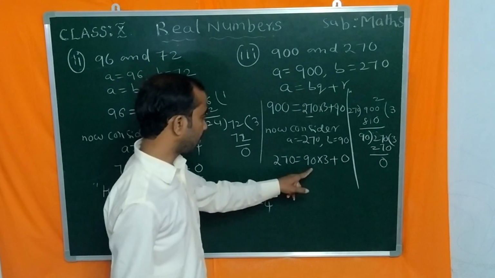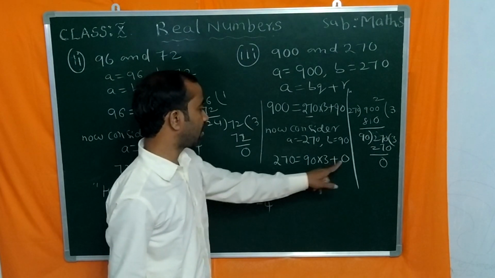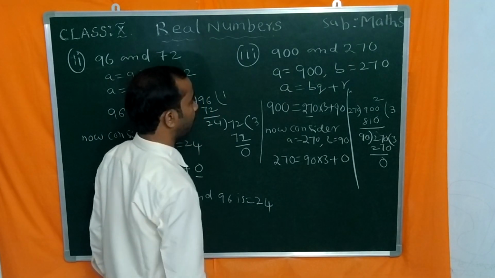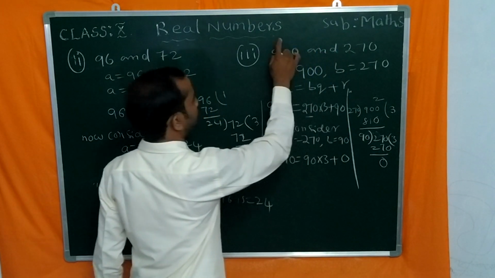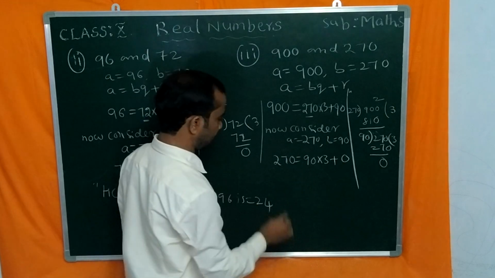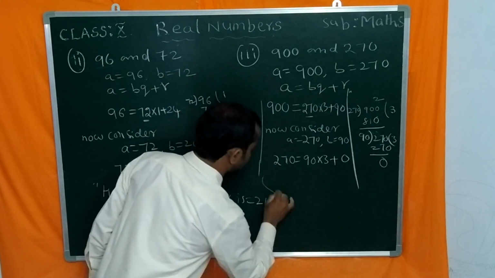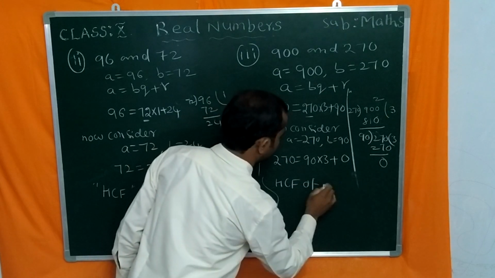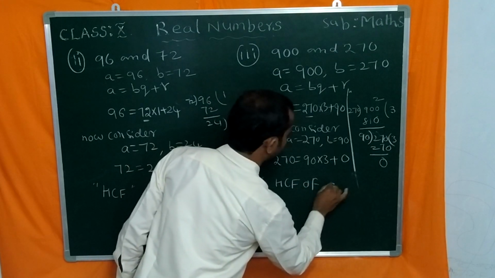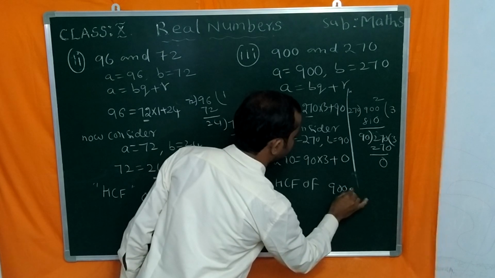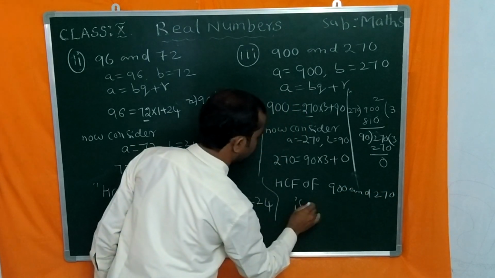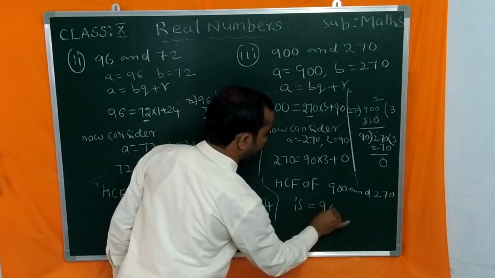Here the divisor is 90 and the remainder is 0. So the HCF of 270 and 900 is 90.